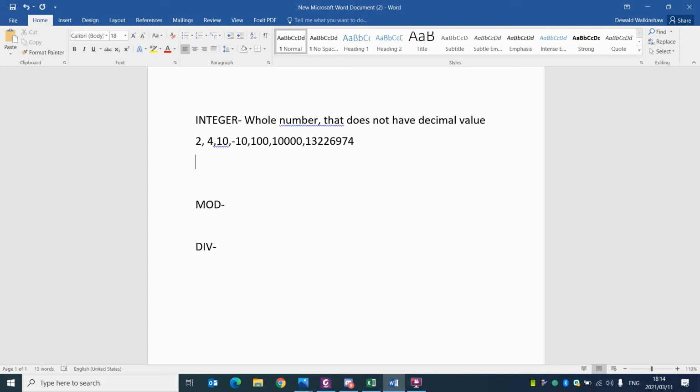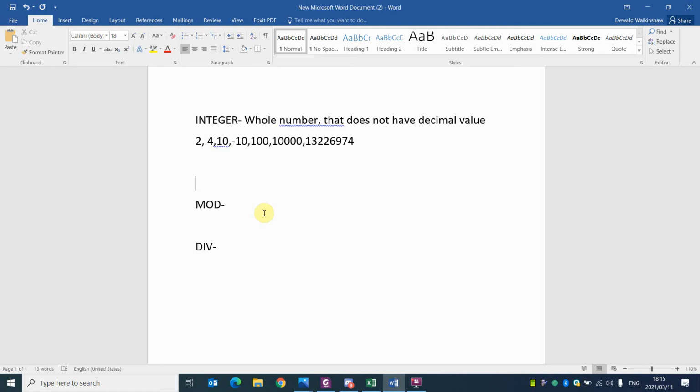Okay, so would 2.4 be an integer? No, sir. No, because it's not a whole number, it has a decimal value. So an integer is any number that does not have a decimal added to it, so it's a whole number. And that is what we call an integer. The next two functions, mod and div, will only work with integers.